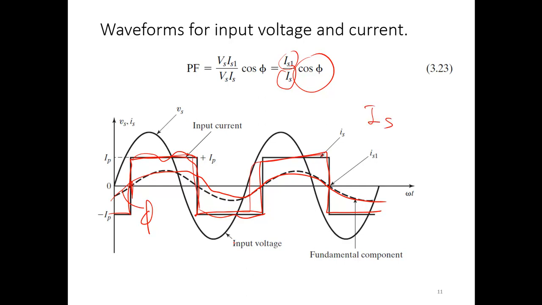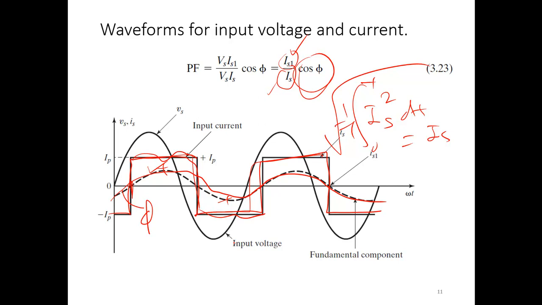If you take the square of it, integrate dt, multiply by 1 over T from 0 to T, and take the square root, it simply becomes the current itself. Now, if you have a distorted waveform like a square wave, the only way you can find the power factor is by finding the fundamental component of the current divided by the total current, and the displacement angle is not the power factor angle of the load angle.